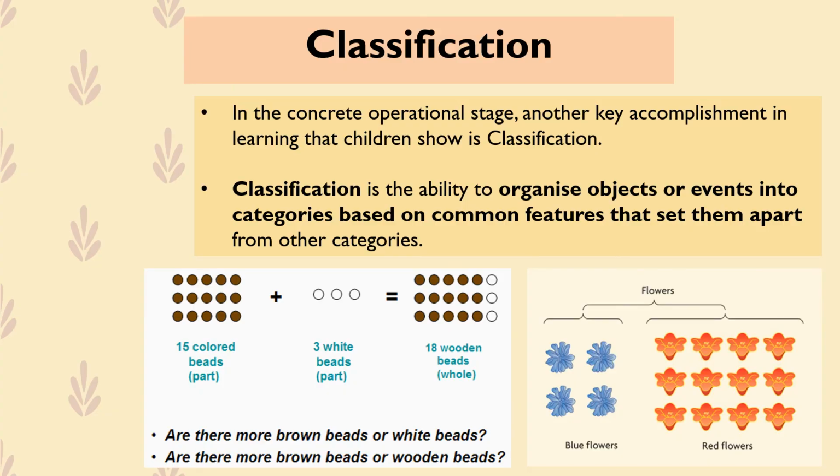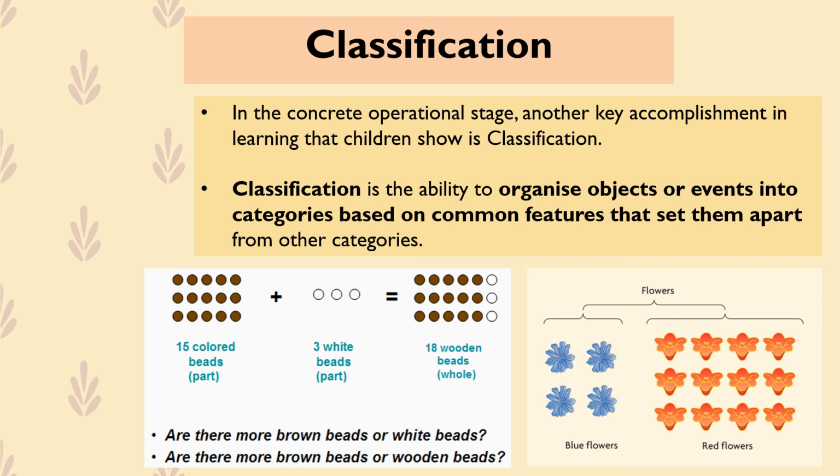So obviously we mentioned before that in the concrete operational stage, children show classification. So classification is the ability to organize objects or events into categories. Like I mentioned before, a child will say, okay, a cat, a lion and a tiger are all a part of the big cat family or something like that. Okay, they'll be able to sort things out. So if you tip a bag of M&Ms in front of them and you tell them, okay, can you organize this?